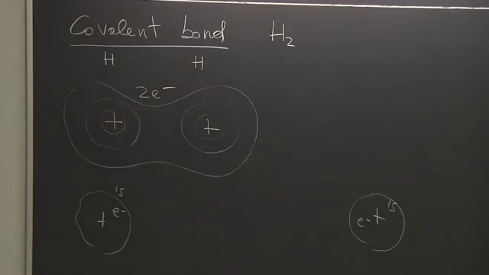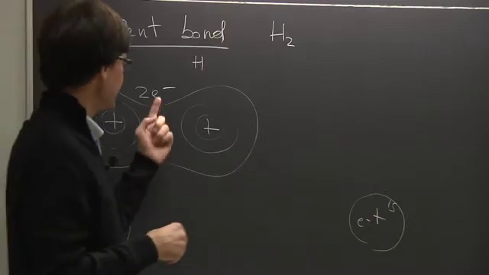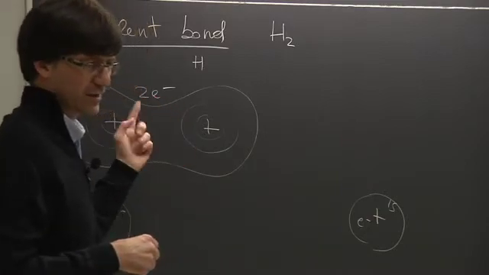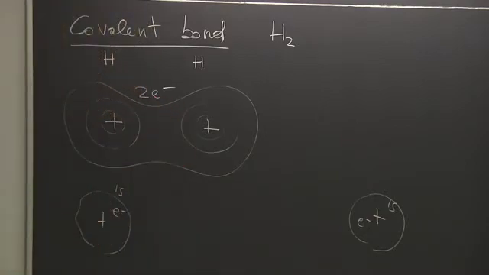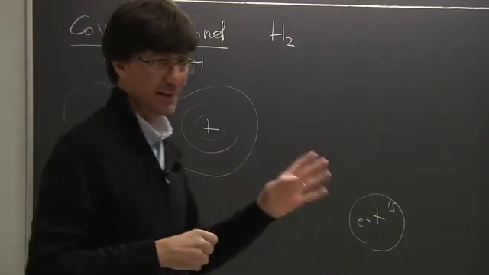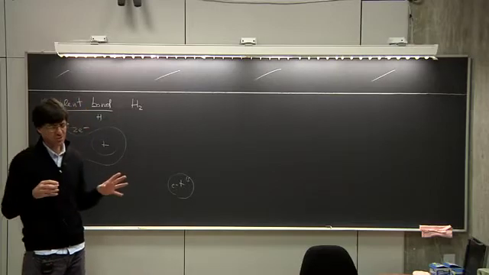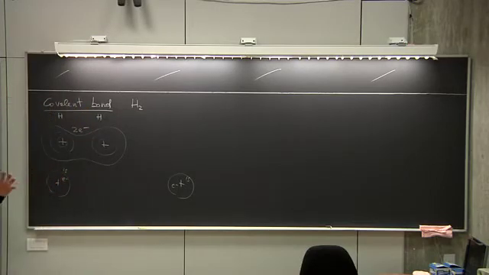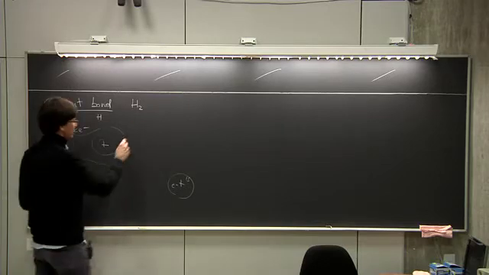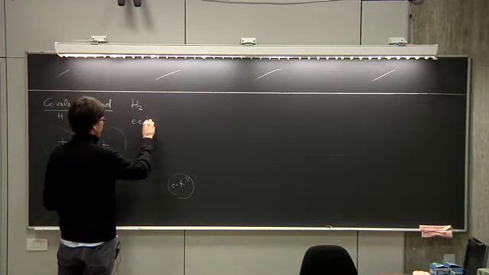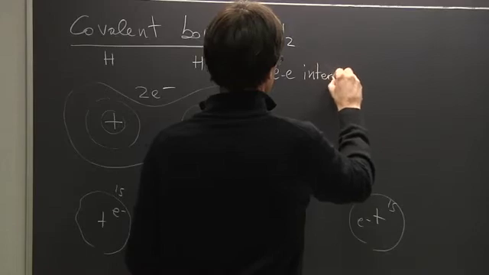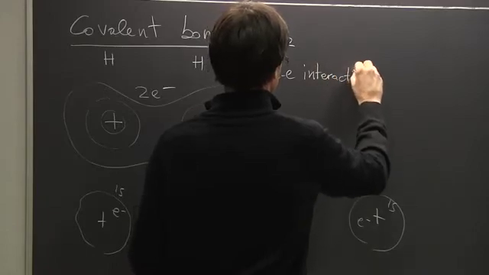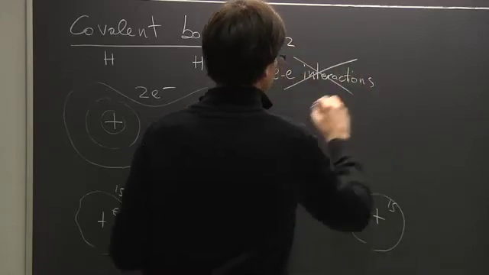There's one thing I'm forgetting when I'm saying this, and this is the interaction between one electron and the other one. For the purpose of this discussion, let me assume that I can forget about that. Otherwise, the discussion becomes too complicated. So we're going to completely forget electron-electron interactions here. Let me put a cross on top of that.